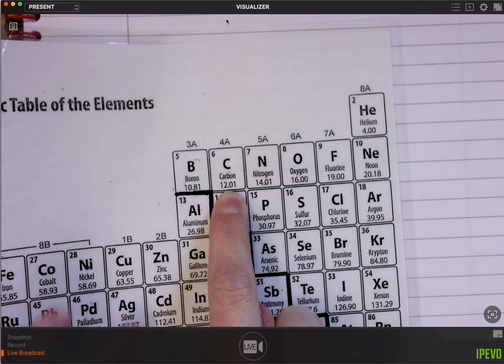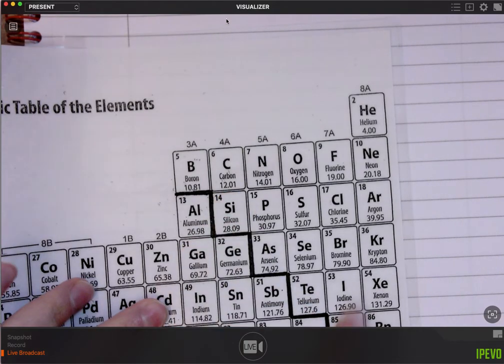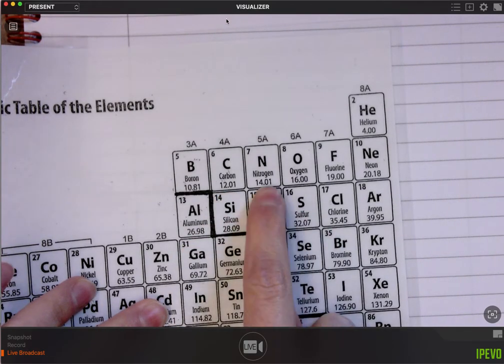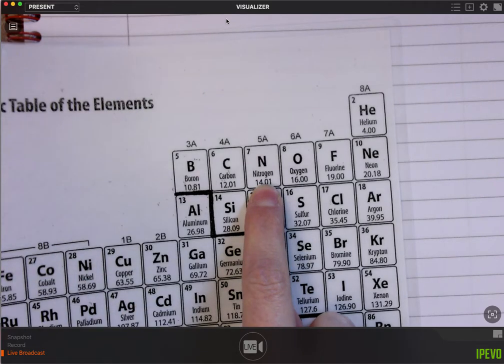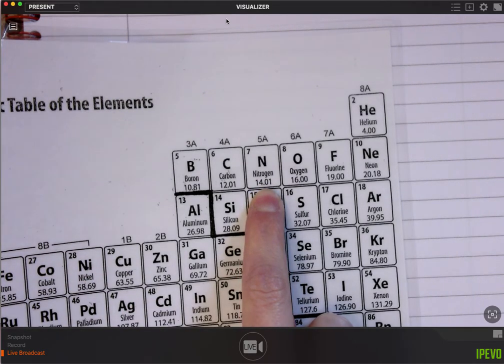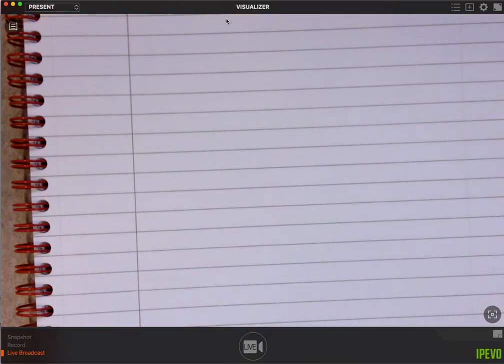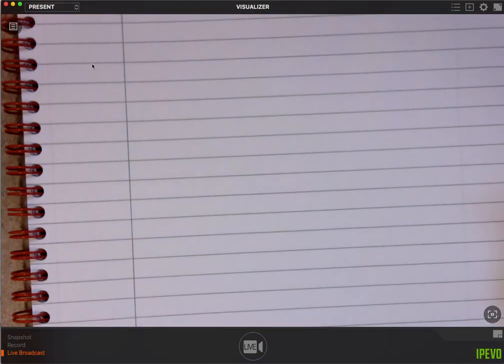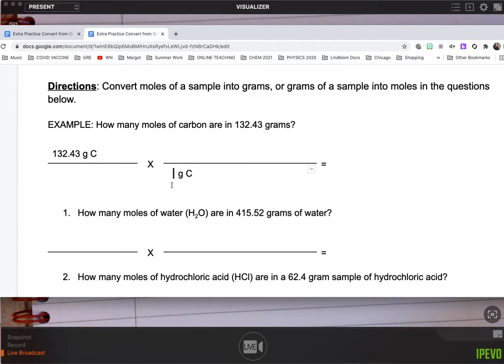For the rest of these, we are also going to be using the numbers on the periodic table that represent the mass of the atom. So we have 12.01, and that is how many grams are in 1 mole of carbon. Remember, the abbreviation for mole is MOL.